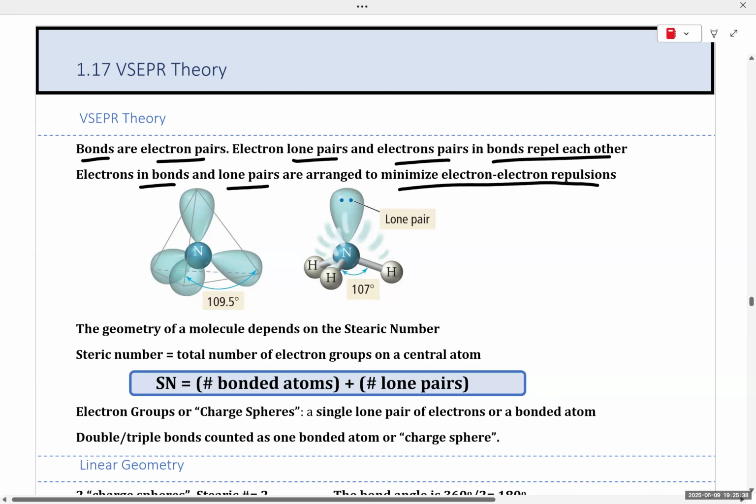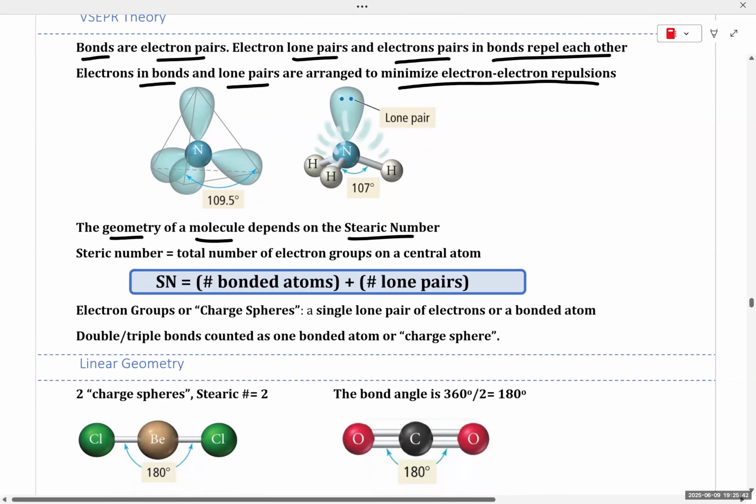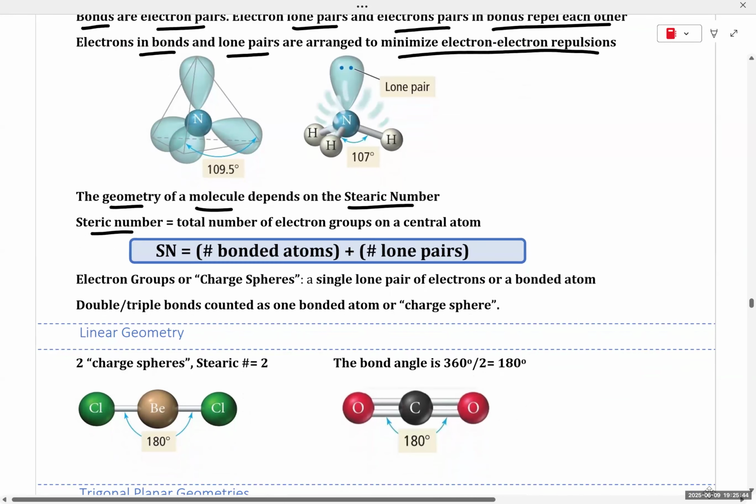In VSEPR theory, the geometry of a molecule depends on the steric number, where the steric number is the total number of electron groups. The steric number can be calculated by taking the number of bonded atoms plus the number of lone pairs. Another definition of an electron group or charged sphere is a single lone pair of electrons or a bonded atom.